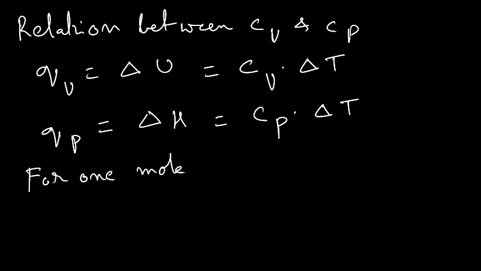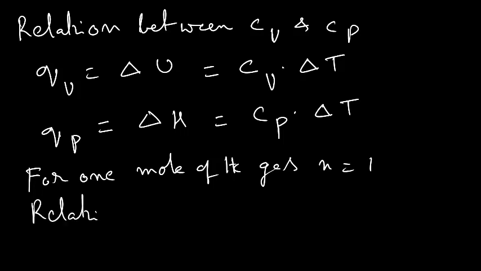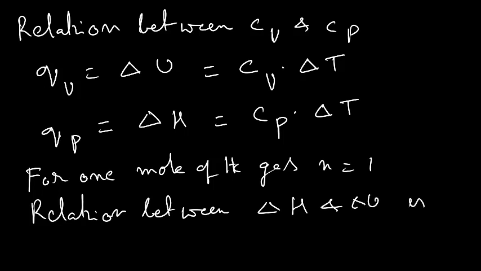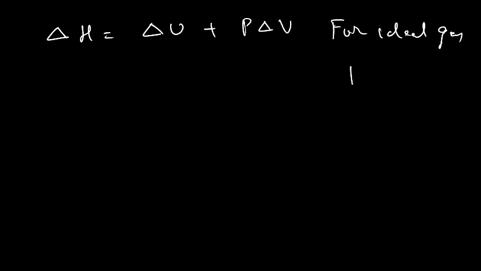Now for 1 mole of the gas, n equal to 1. Then what is the relation between delta H and delta U? Delta H is equal to delta U plus P delta V. For ideal gas, PV equal to nRT.